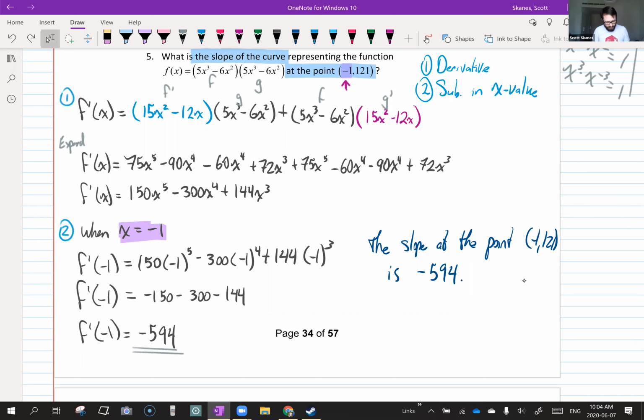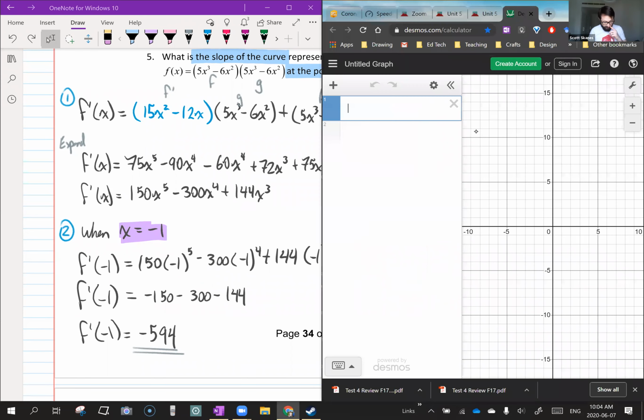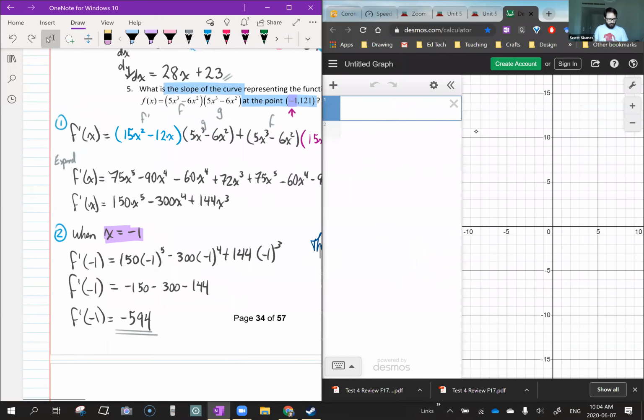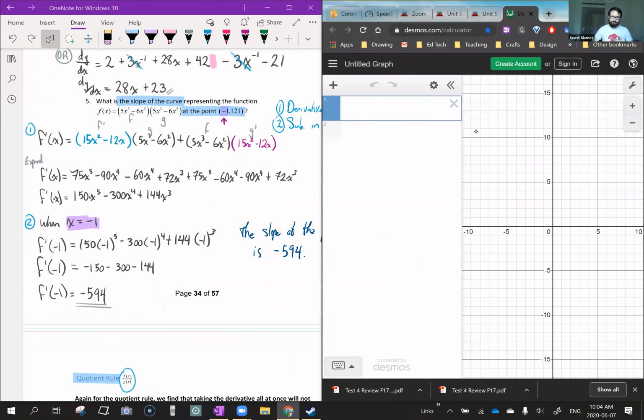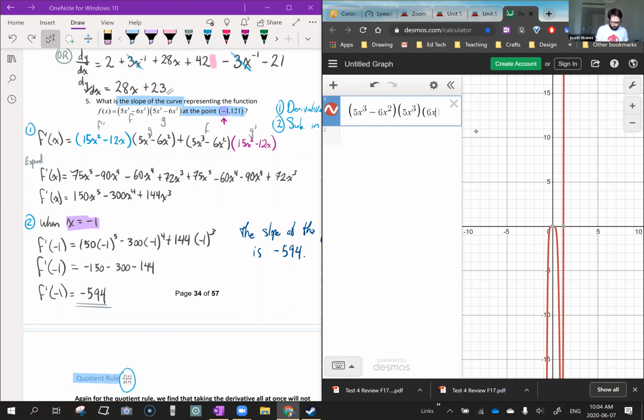So speaking of walking down something, I'd like to actually graph it. Just bear with me while I do that. I want you to see what it looks like and prove to you that it's matching what I'm saying. So 5x to the power of 3 minus 6x squared.